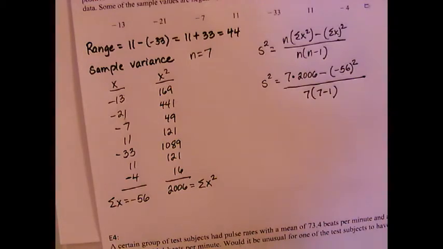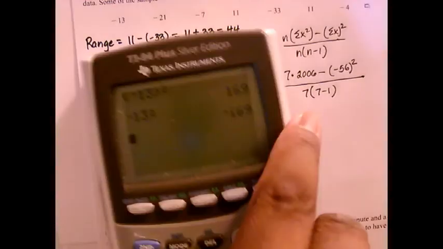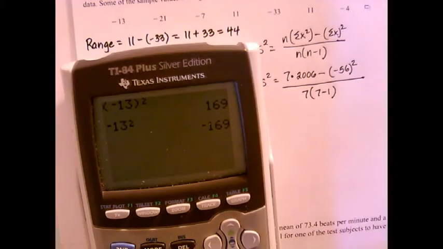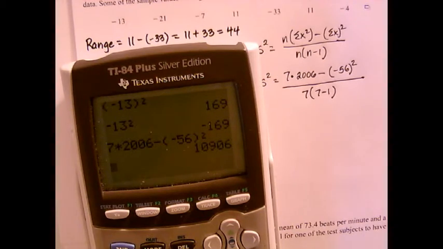Okay, now using our calculator, we got 7 times 2006 minus, in parentheses, negative 56, close parentheses, and hit your x squared button to square it.